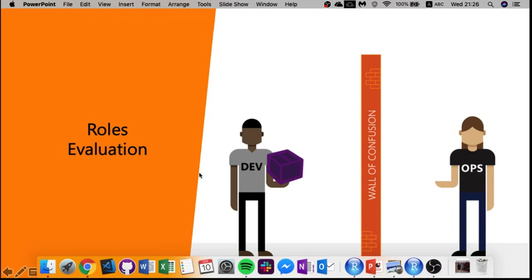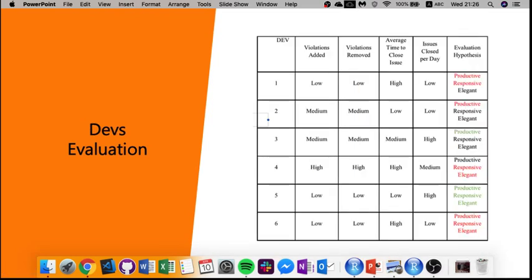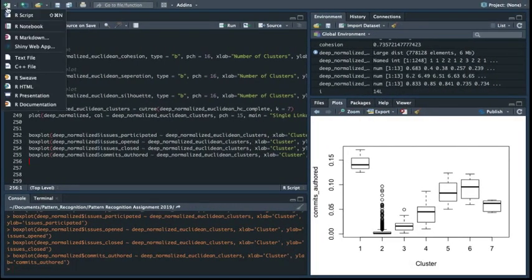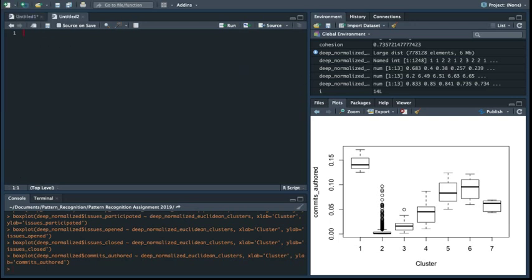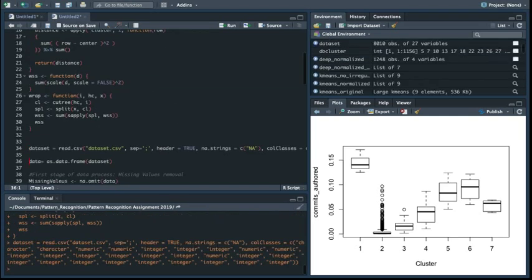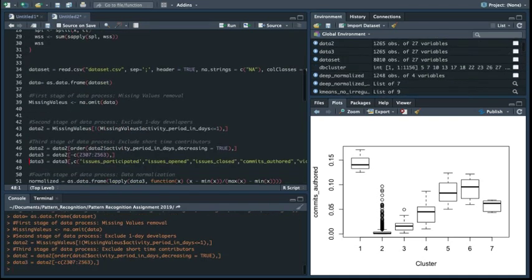Okay, so the roles evaluation, and let's script once again. Let's create a new script, and now let's do kind of the same work, but now I'm going to run everything again, including the dataset and pre-processing.